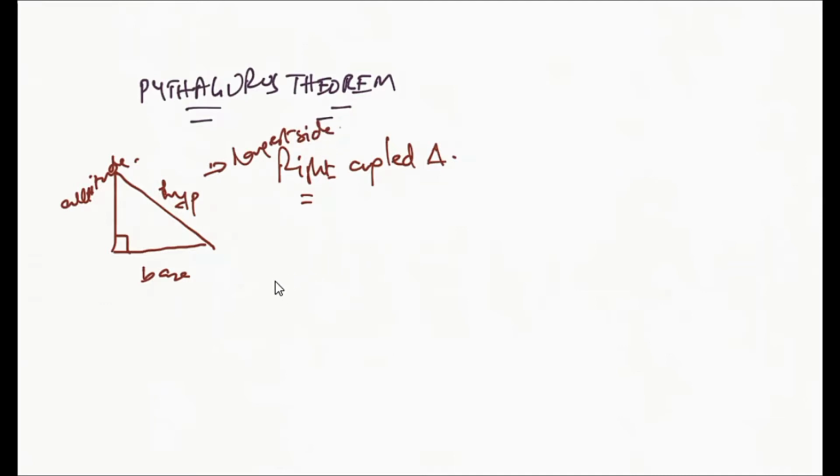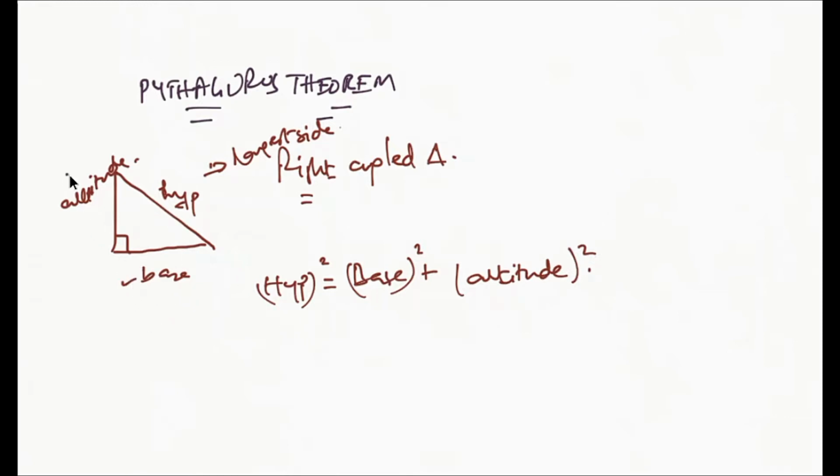So it states that hypotenuse square is equal to base square plus altitude square. So this side can be calculated when we are given these two sides.